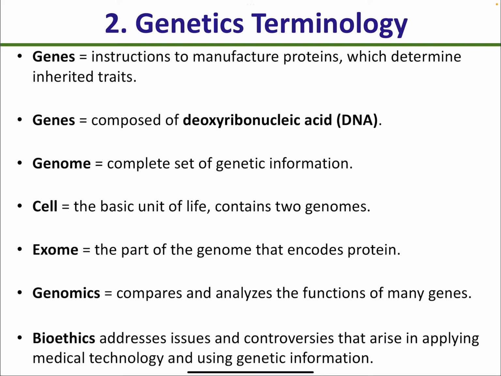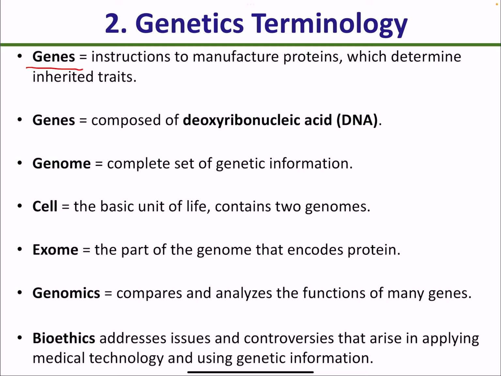At this point, let's define some terms that are commonly used in genetics. The first stop we are going to make is defining genes. Genes are sets of instructions that are going to cause the production of proteins. Proteins are actually the visible part of our genetic inheritance, right?